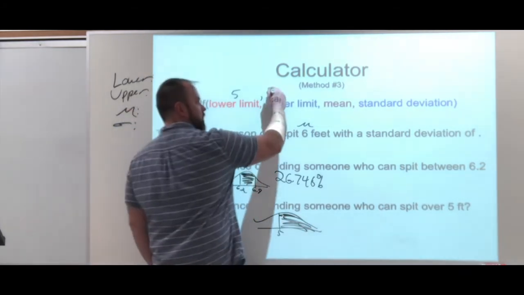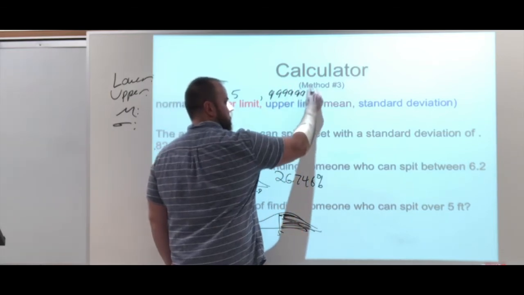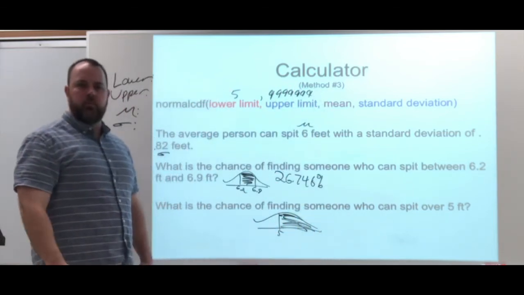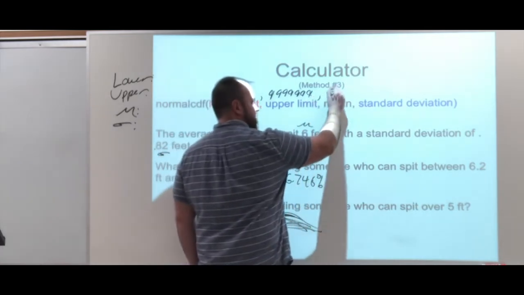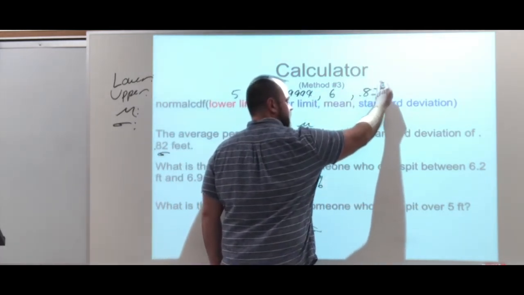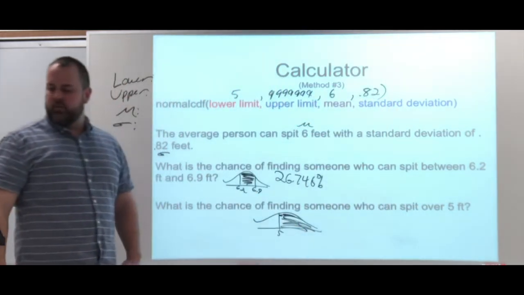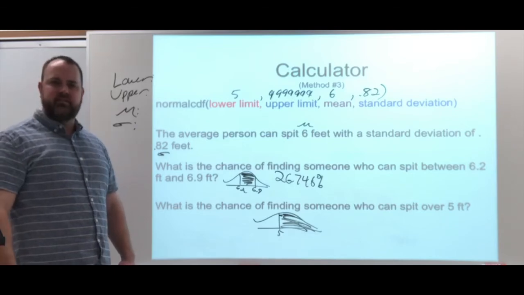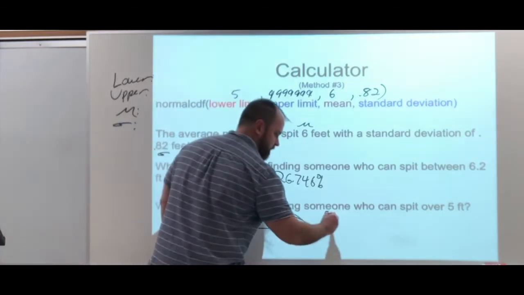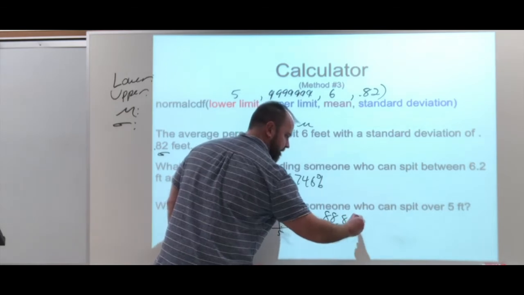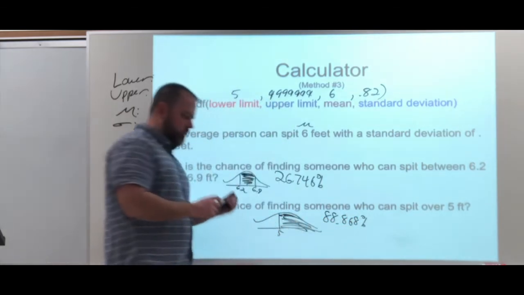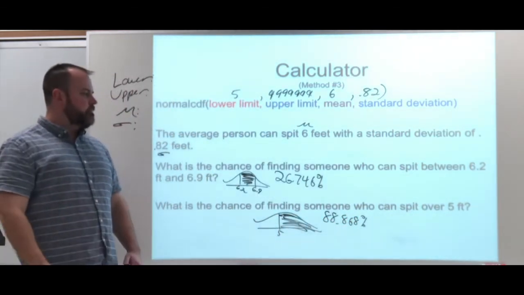So I usually just go obnoxiously big, just put a whole bunch of 9s. My average is still 6, standard deviation is still 0.82. And that's going to give me 88.868%.